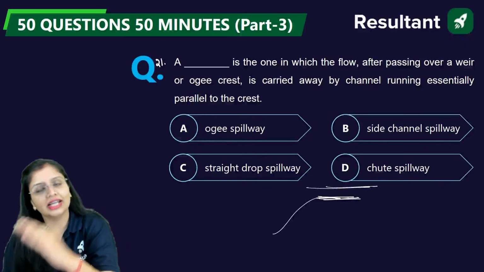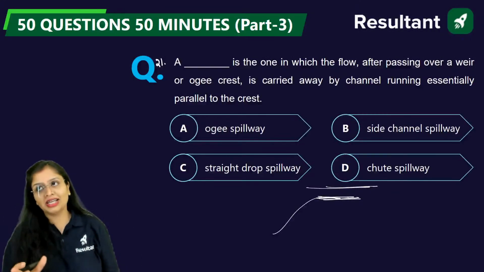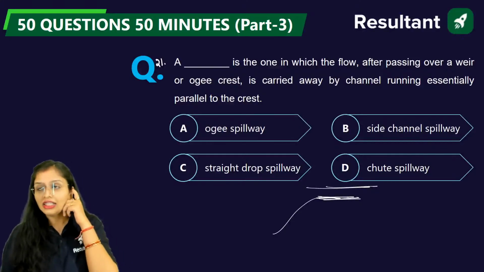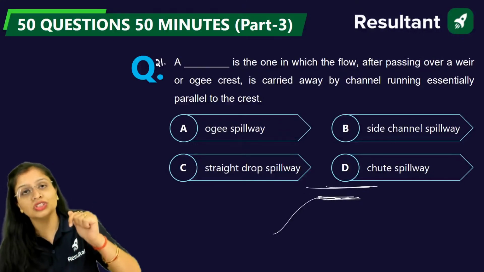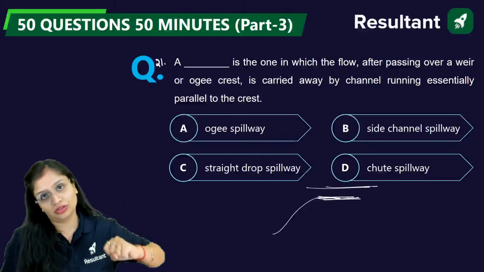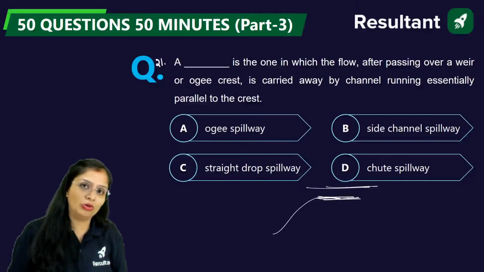You will see that spillways are constructed for them. This is a question which has been asked in the assistant professor examination in Chhattisgarh. The question was, which is the structure which is constructed in dams to surpass the excess amount of water? So we have spillways which dissipate the excess amount of water.